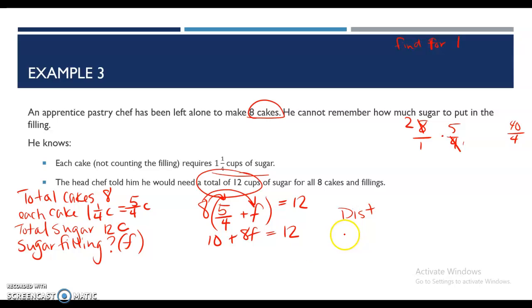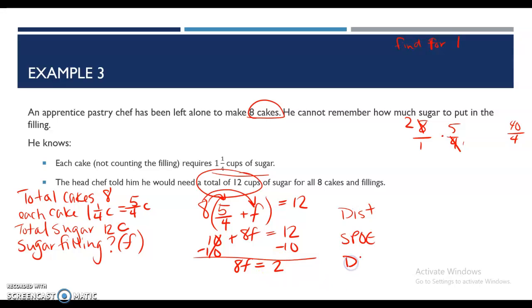From here, we're going to do our subtraction property of equality. So we're going to subtract 10 from both sides of the equal sign. So then we now have 8f equals 12 minus 10, which is 2.